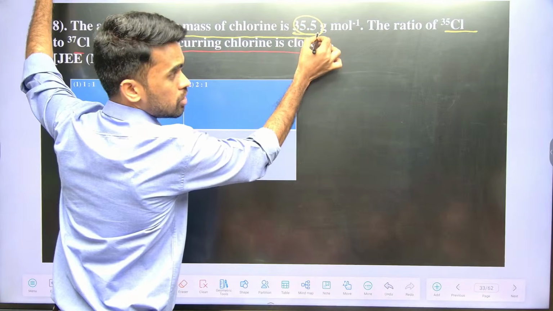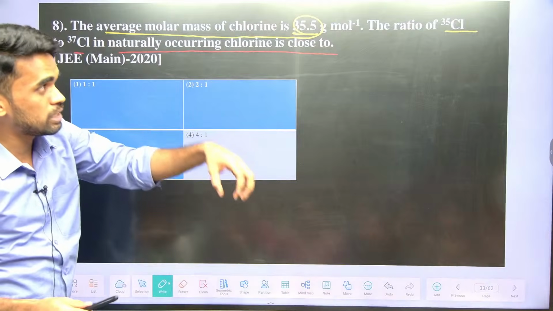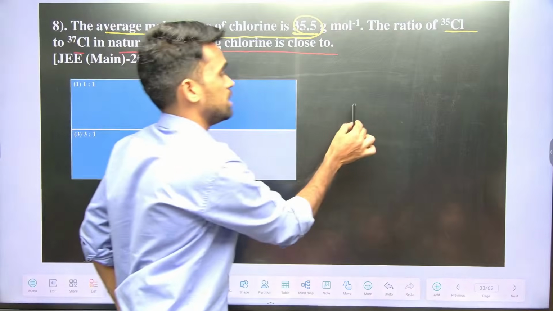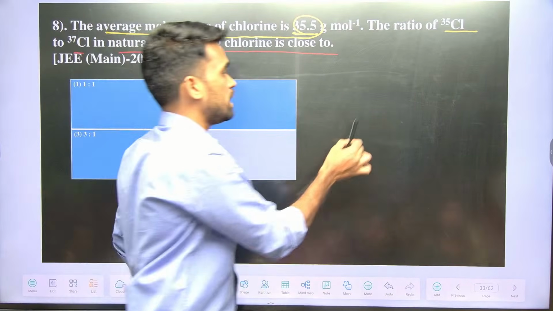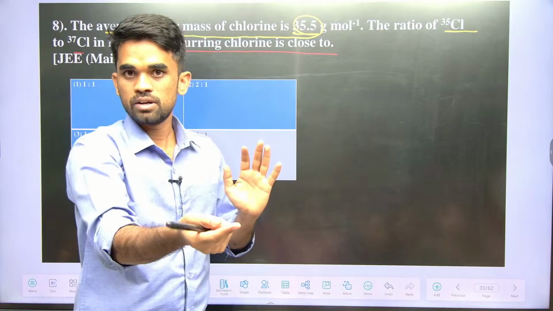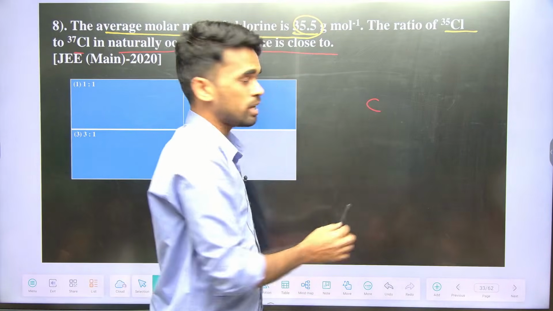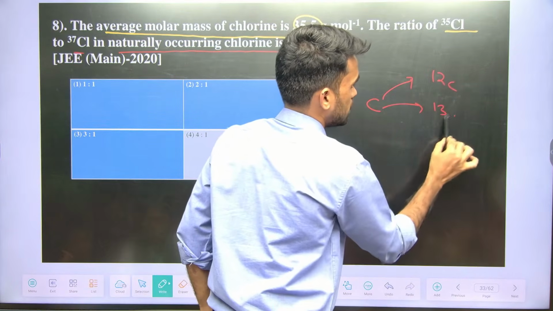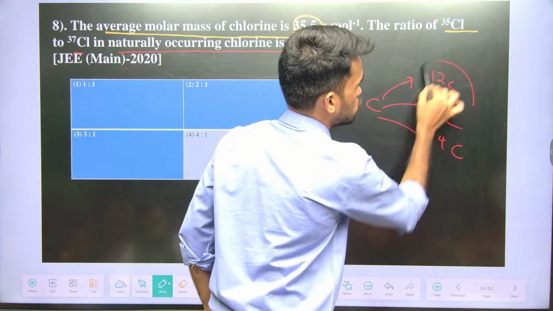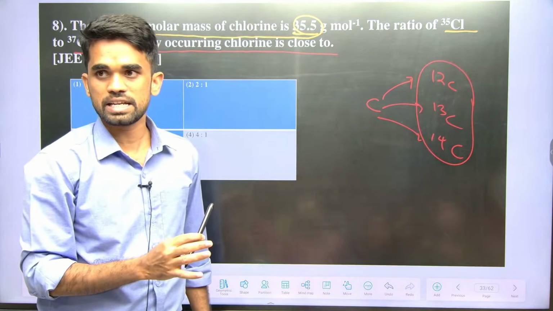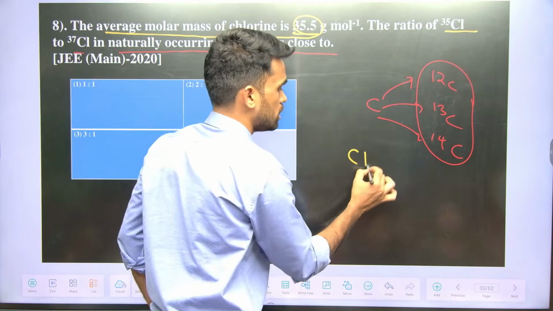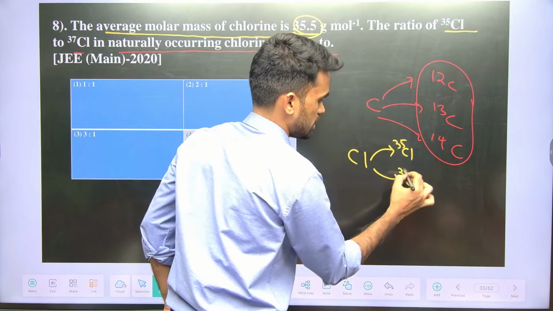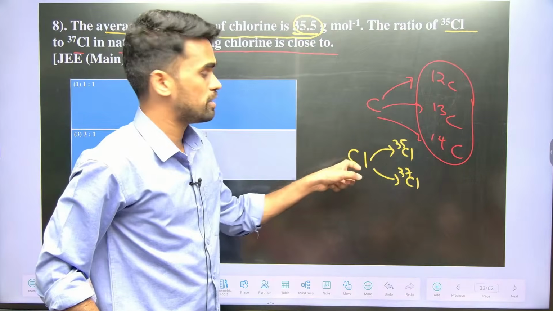It means when you are extracting chlorine from its source, any element if you extract, it will be a combination of all its isotopes. For example, if you are extracting carbon, we will get carbon 12, carbon 13, carbon 14. Like that, you get the whole isotopic mixture. Similarly, when extracting chlorine, we get Cl35 as well as Cl37, because these are the two isotopes of chlorine.